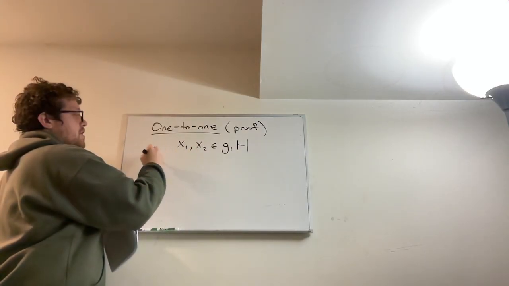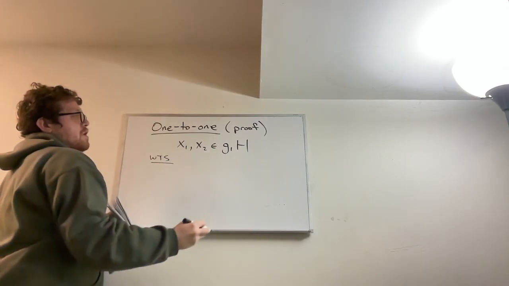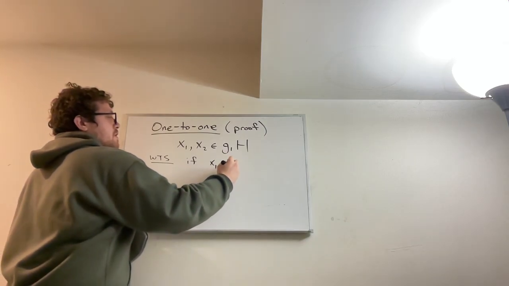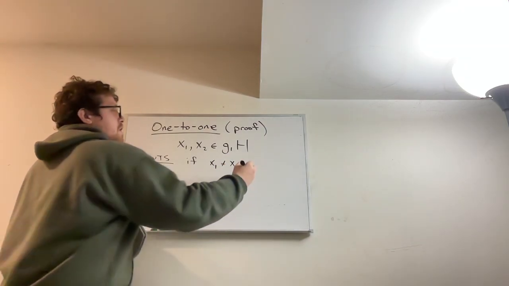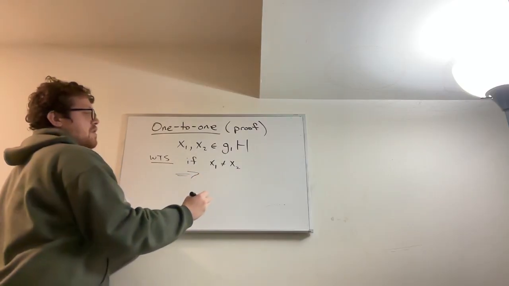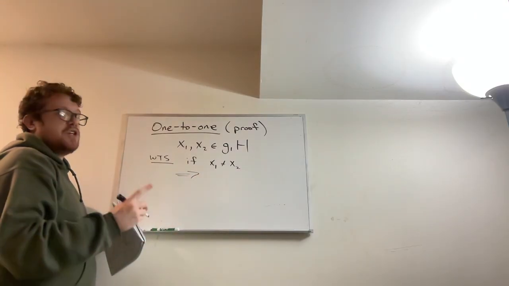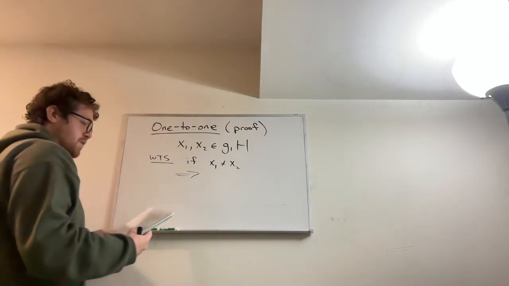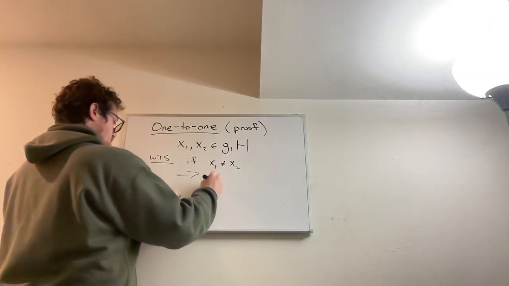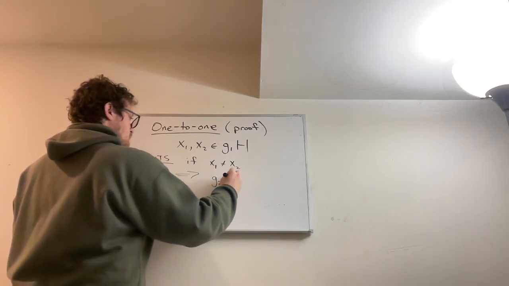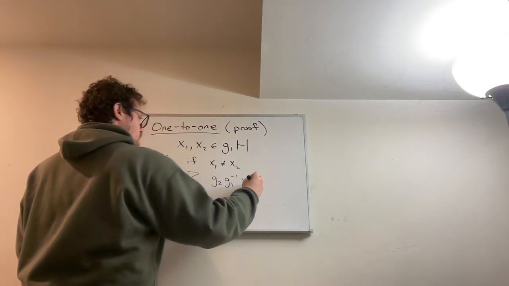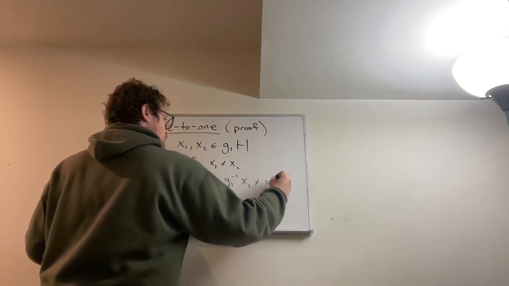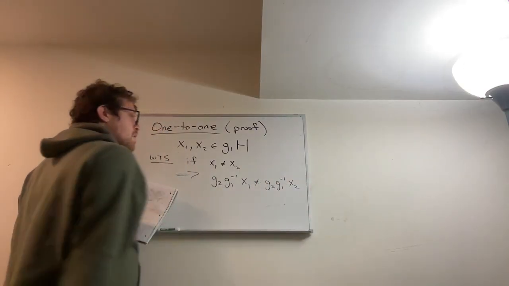So we want to show that if x1 does not equal x2, then that implies that left multiplication by G2 G1 inverse gives different results.